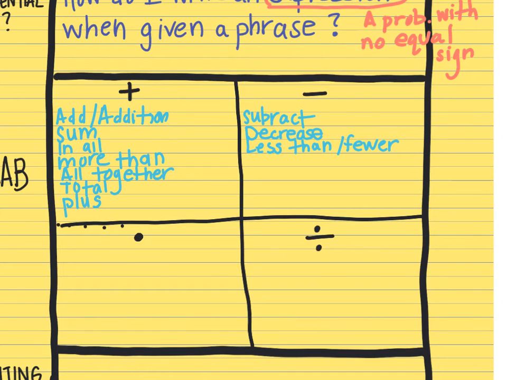Fewer than, less than, the same thing. Or decreased by. So just add an ed at the end and you can put decreased by. That's a popular one. Another one sometimes will be minus or fewer. I'm going to stay away from take away because that's not usually something we use in 6th grade pre-algebra. So those are the words that you might see when we are looking to create a subtraction expression.